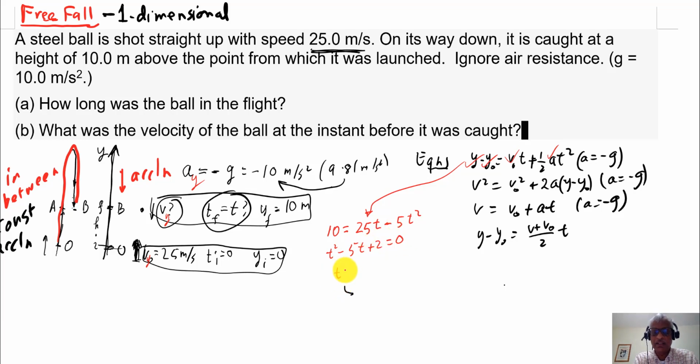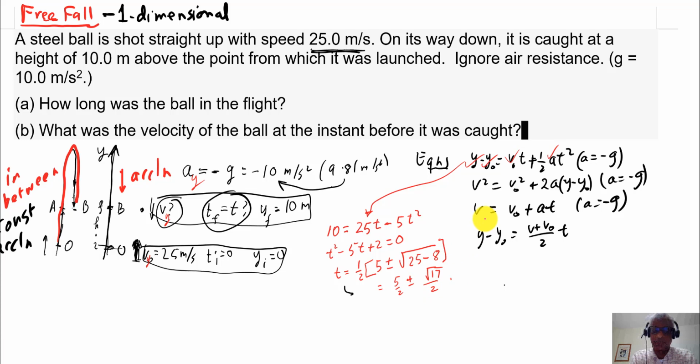This is a quadratic, so there will be two answers: t equals 1 over 2 times 5 plus or minus the square root of 5 squared, 25, minus 4 times 1 times 2, which is 8. So this is 5 over 2 plus or minus the square root of 17 over 2.